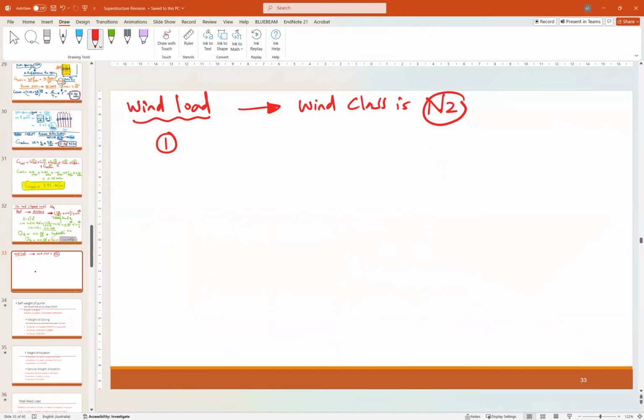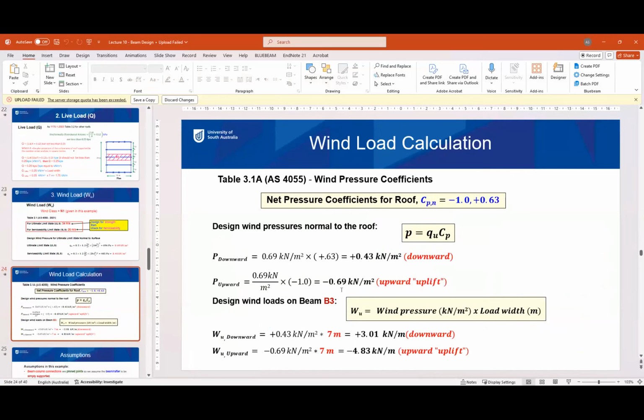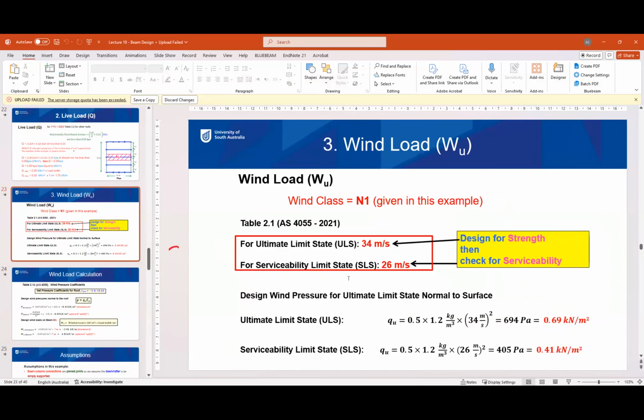So what is the first step? First step is we need to find the wind speeds. So the wind speeds using the table and for N2. Where is this table? If we go to this example here, not given in this one.